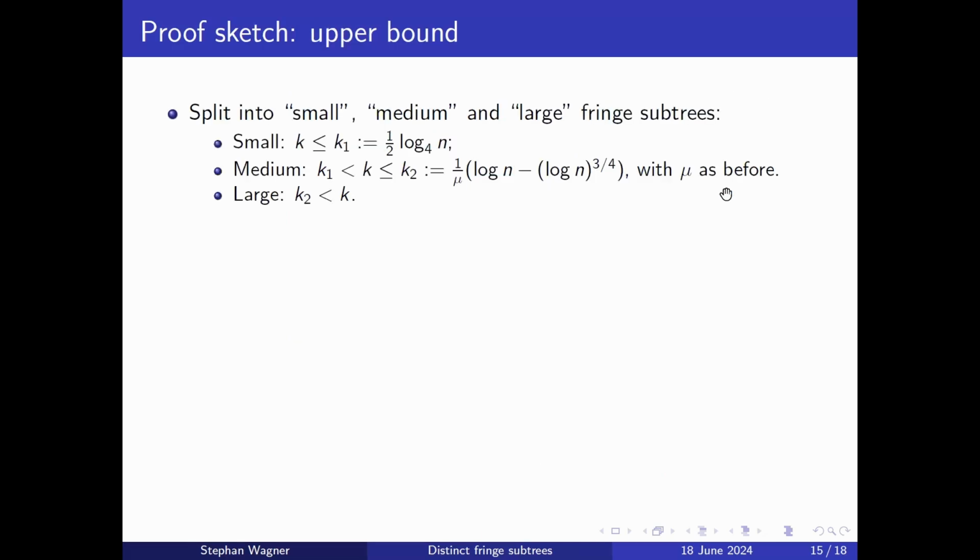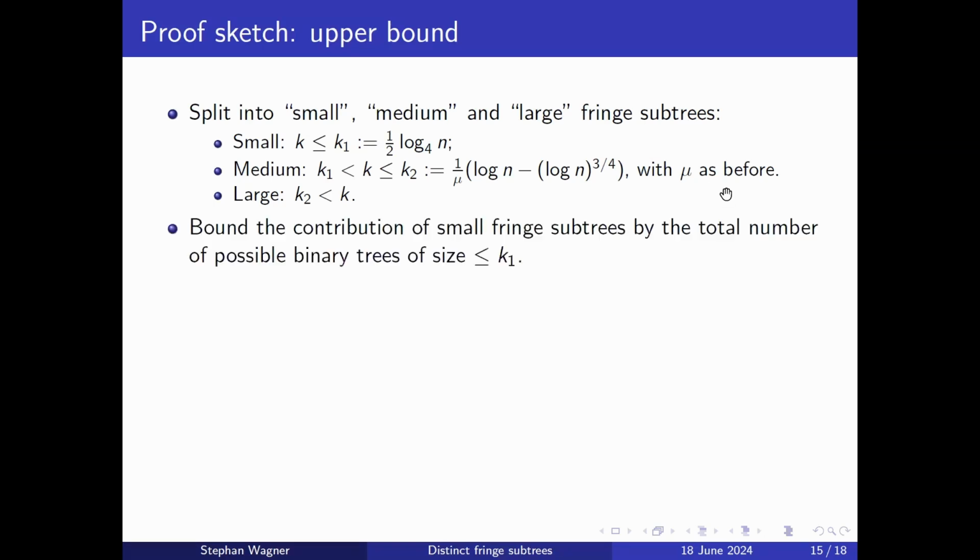So what I needed now was a matching upper bound. And there was just one trick that was really needed for this, and that's to also introduce a medium type of trees. So I split into small, medium, large. And again, for each type, I do something slightly different. So the small fringe subtrees are irrelevant because I bound them in a trivial way by the total number of possible binary trees that are that large.